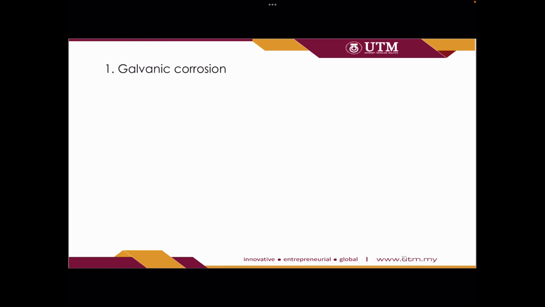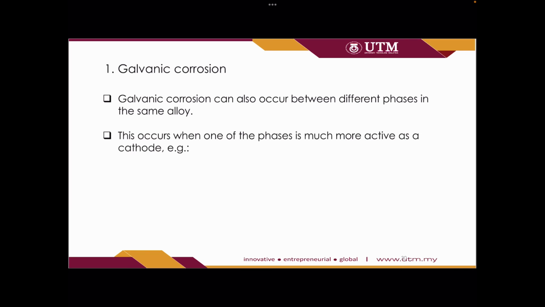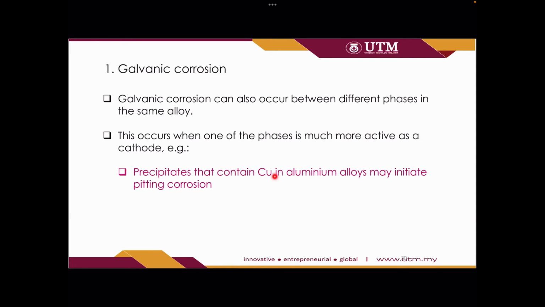So galvanic corrosion can also occur between different phases in the same alloy. This occurs when one of the phases is much more active as a cathode. For example, a precipitate that contains copper in aluminum alloy may initiate pitting corrosion.